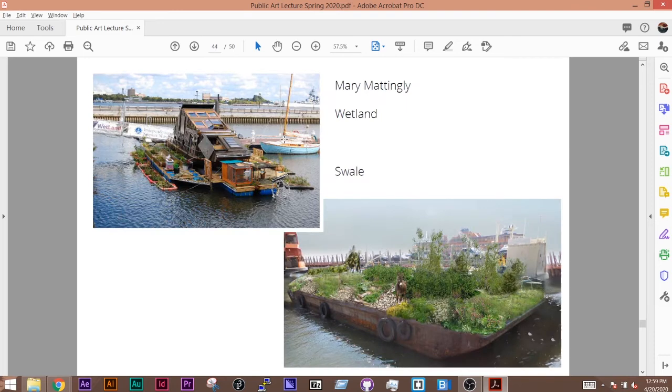There's an artist named Mary Mattingly who does a lot of works around how we perceive and interpret landscape. And she's created these sort of artistic gestures, one called Wetland, which is in Philadelphia.